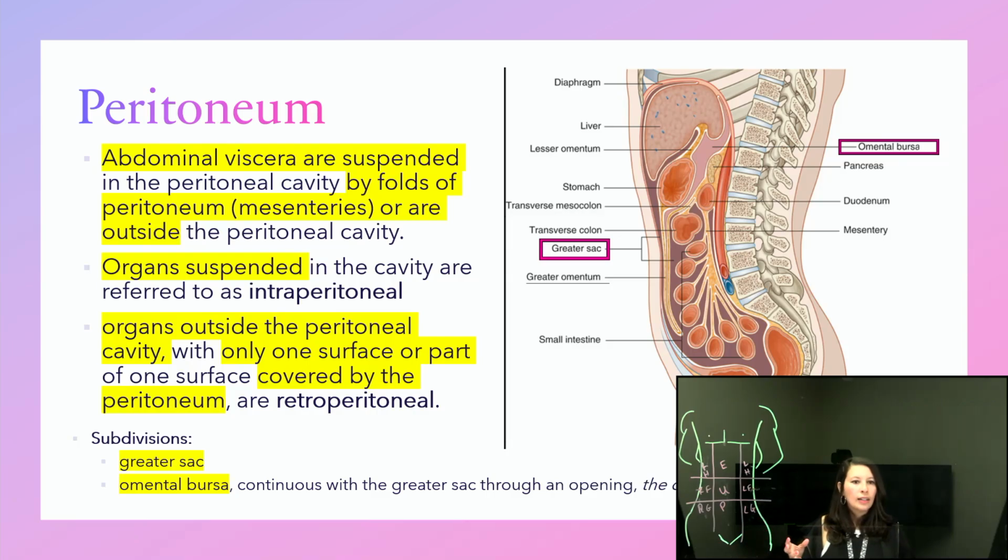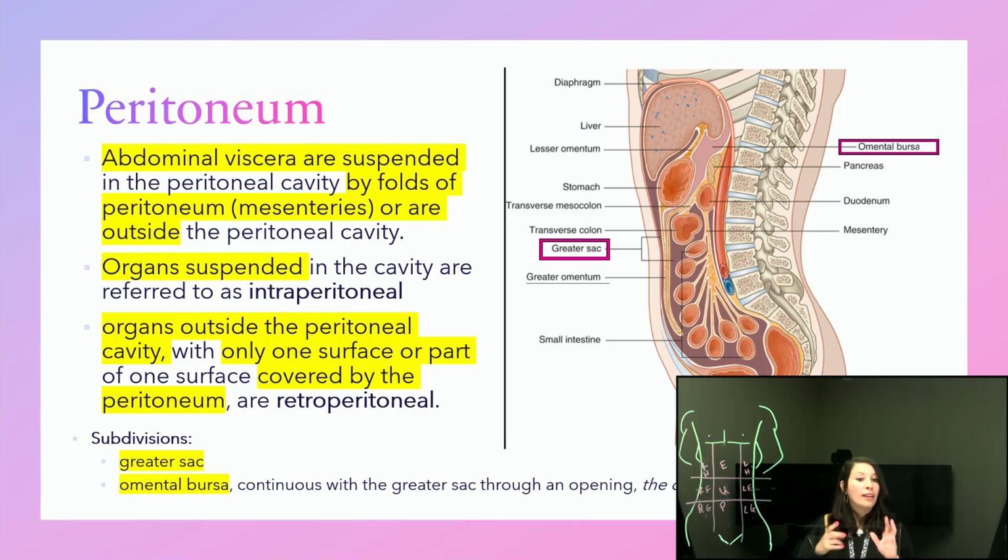The organs suspended in the cavity are referred to as intraperitoneal because they are protected entirely by the peritoneum, both anteriorly and posteriorly, right? So those are what we call the intraperitoneal. And then we have organs that are considered outside of the peritoneal cavity, with only one surface or part covered by the peritoneum, which we call retroperitoneal.